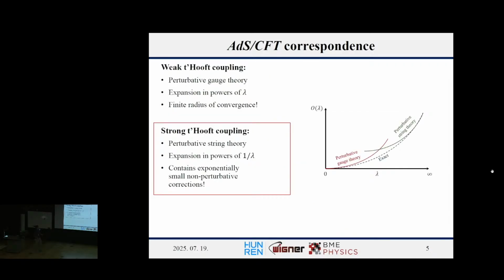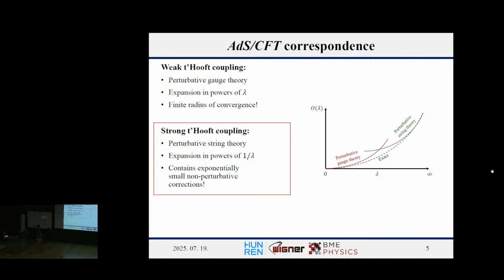The other one is the 't Hooft coupling, which we are interested in. In this case, we have two different choices of what we can consider. Either we can consider the weak 't Hooft coupling limit or the strong 't Hooft coupling limit. From the weak side, you can basically do perturbation theory in the conformal field theory, or the gauge theory. This is the red curve here.